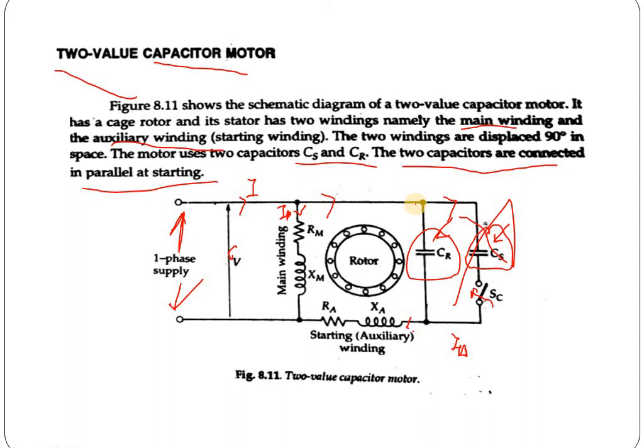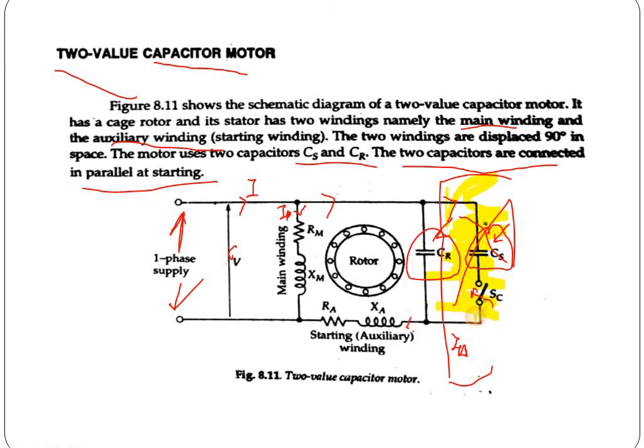Our diagram will be just like this, and this part will be omitted. I am highlighting that this will not be there in the permanent capacitor type, but this will be there, and the running capacitor will be present throughout the time.